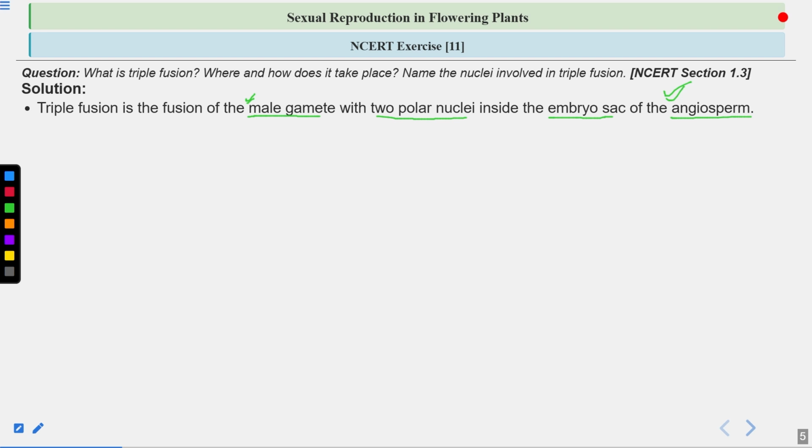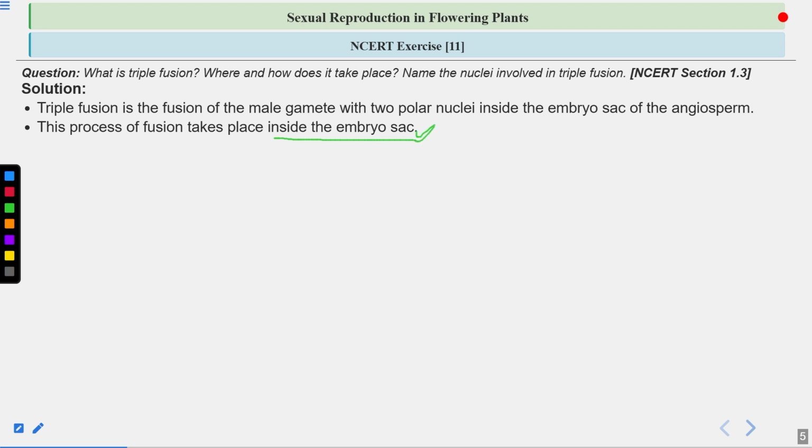So the second male gamete moves towards the two polar nuclei in the embryo sac and the result is triple fusion. So this fusion takes place inside the embryo sac only.